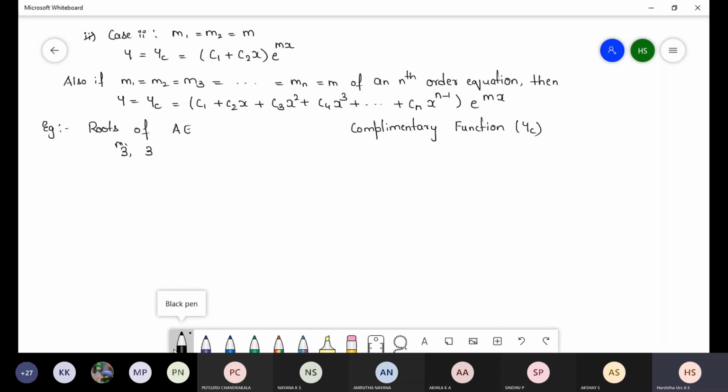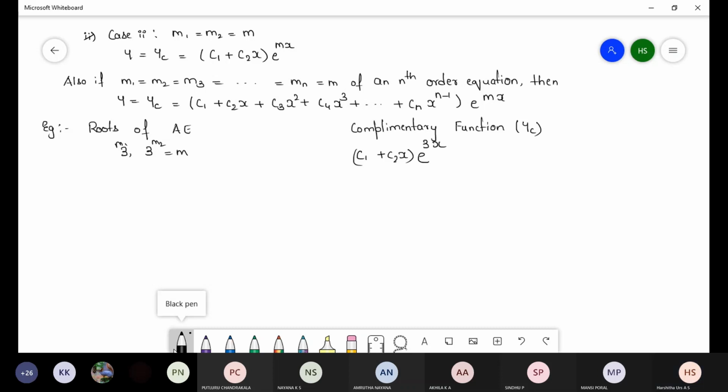So this is our m1, this is our m2. Both roots are same. So we have to write C1 plus C2 x. It is common. e power, this we can call it as m. So e power, in the place of m we can write 3. So e power 3x.